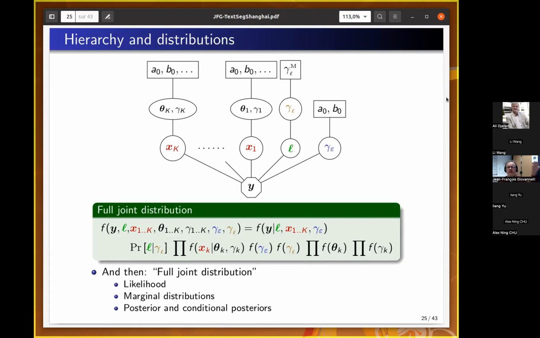Based on the previous models and this hierarchy, we are able to build the full probability density function, including the data and all the unknown parameters. It is based on likelihood, priors, and so on. And we now have a full probability density function for everybody. Then the posterior distribution, conditional posteriors, and all the other possible probability density functions can be deduced from the full joint probability density function.